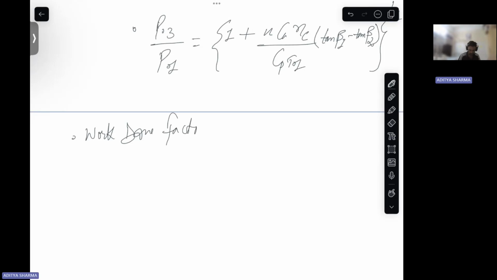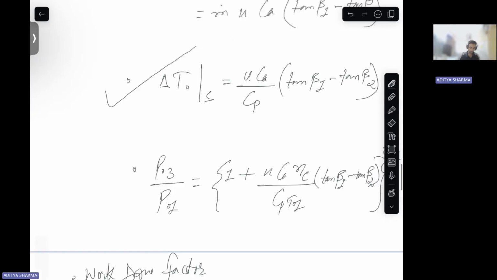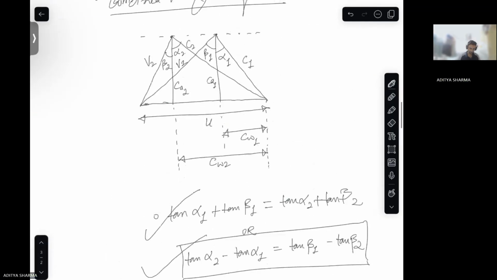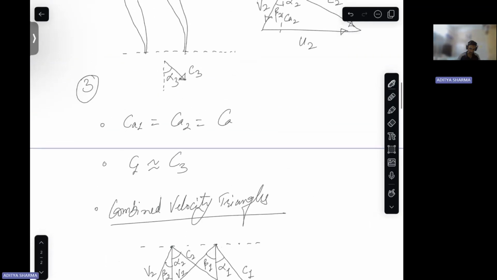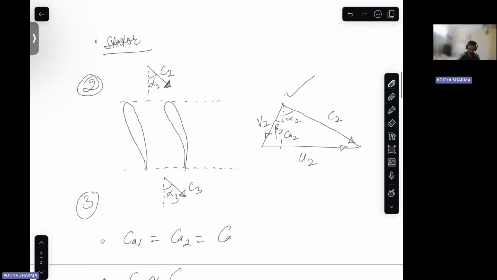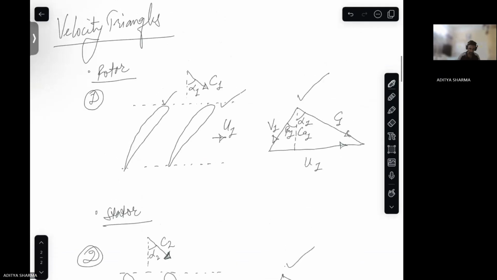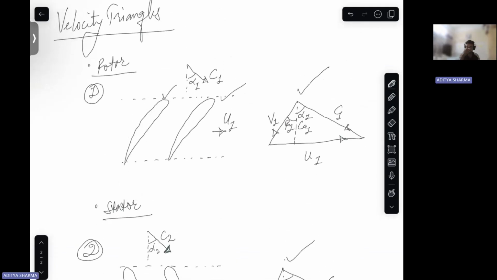When we are analyzing these velocity triangles, this analysis is based on the mean blade height.